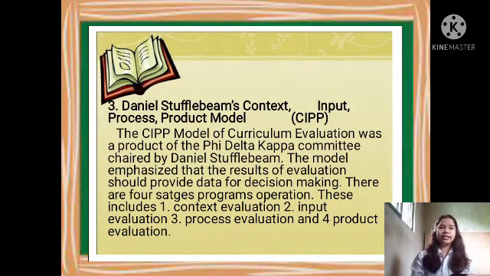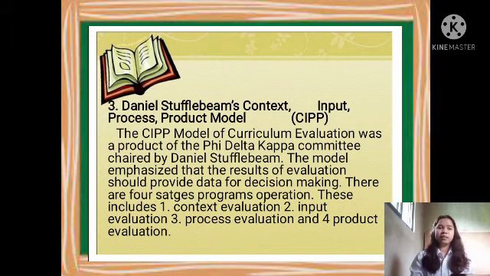So first is Daniel Stufflebeam's context, input, process, product model, or the CIPP. The CIPP model of curriculum evaluation was a product of the Phi Delta Kappa committee chaired by Daniel Stufflebeam.